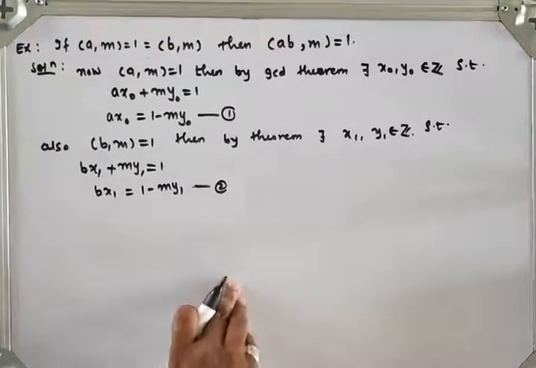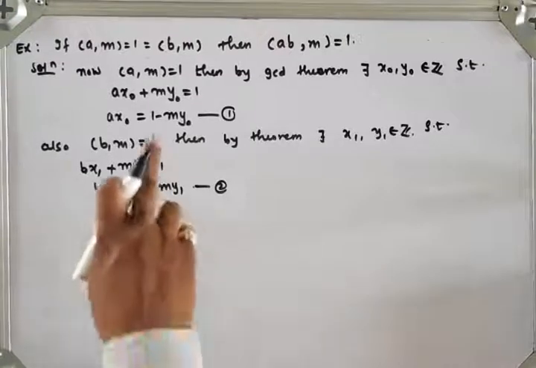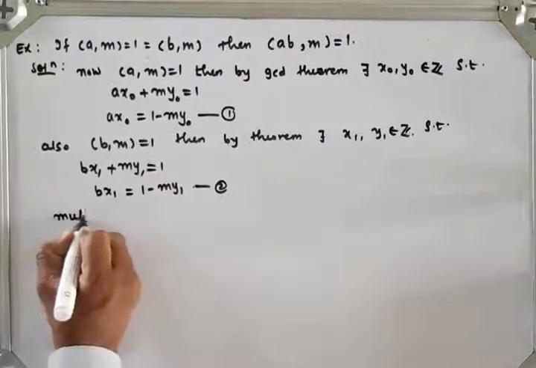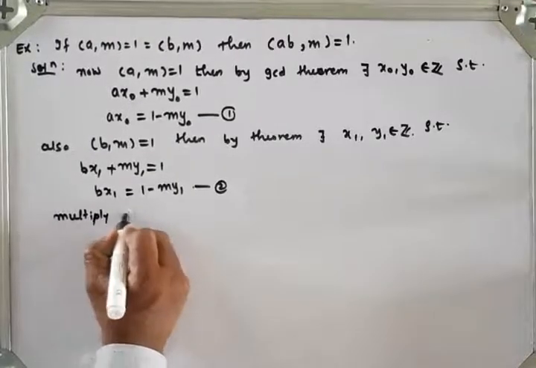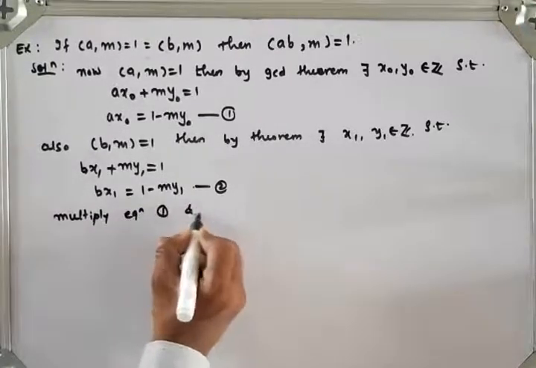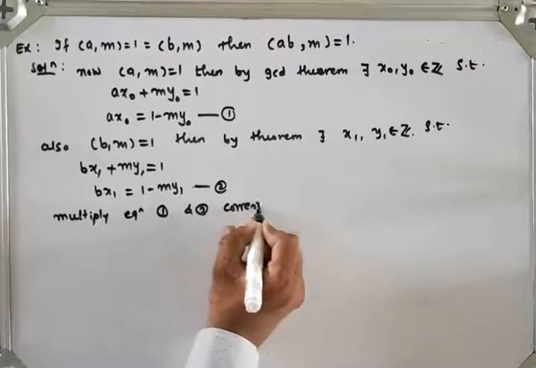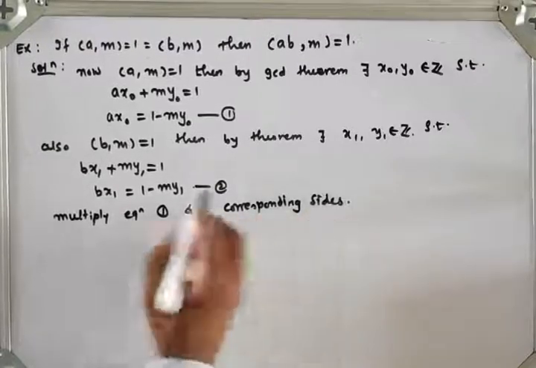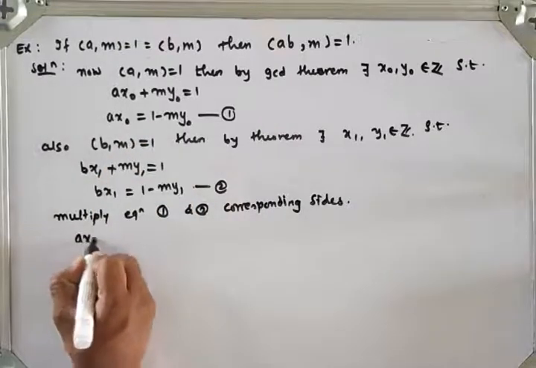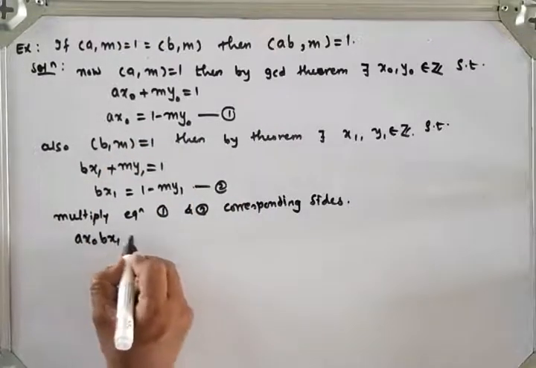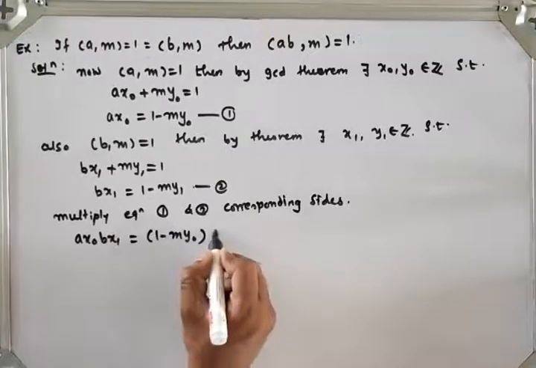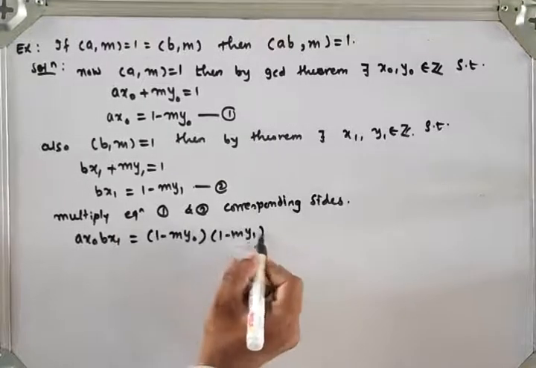So we will multiply equation 1 and 2 corresponding sides. So what will we get? Here a x naught and here b x1 is equal to 1 minus m y naught into 1 minus m y1.